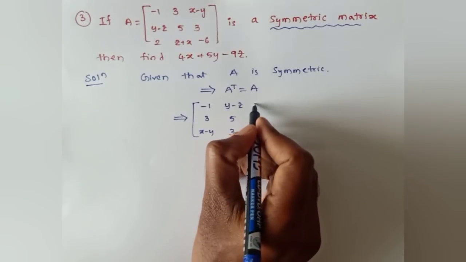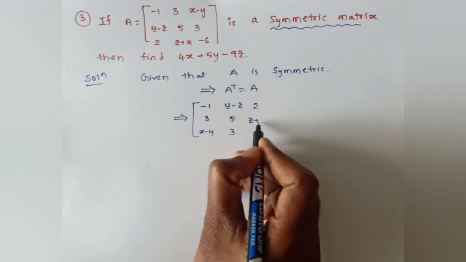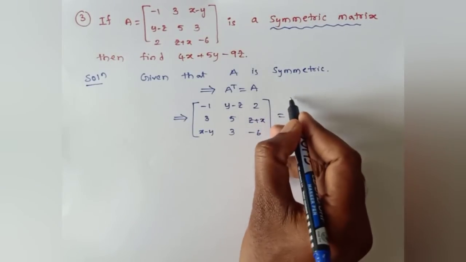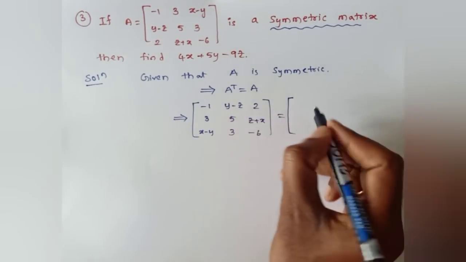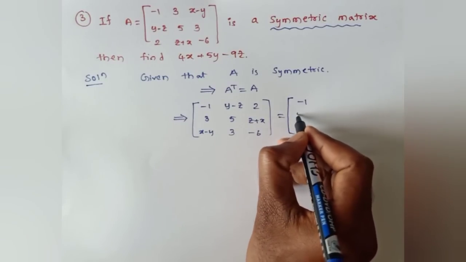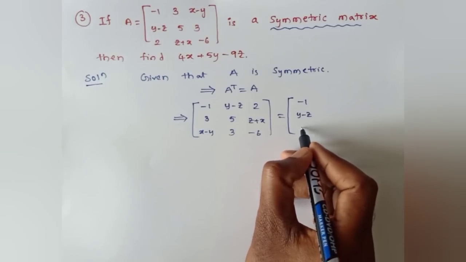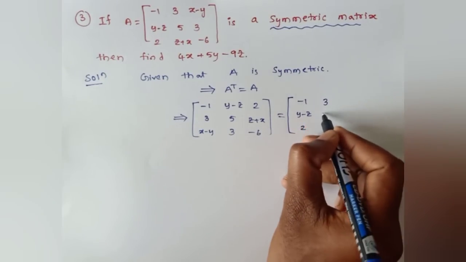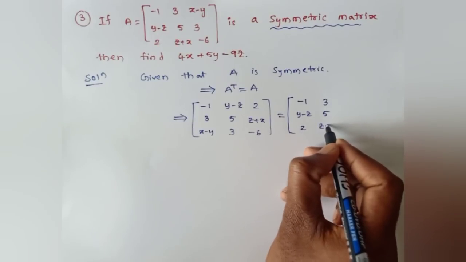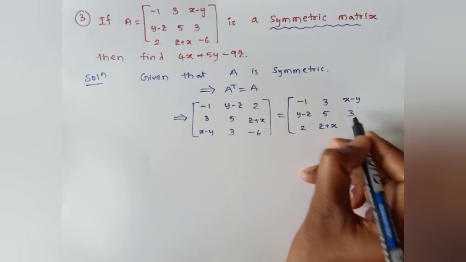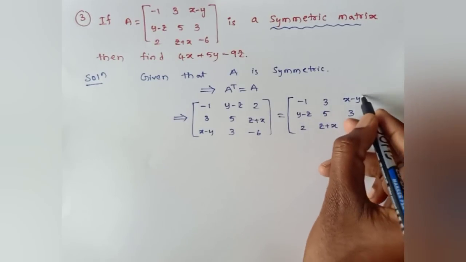And the third row, that is 2, z plus x and minus 6, becomes the third column. This equals A as it is: minus 1, y minus z, 2; 3, 5, z plus x; x minus y, 3 and minus 6.